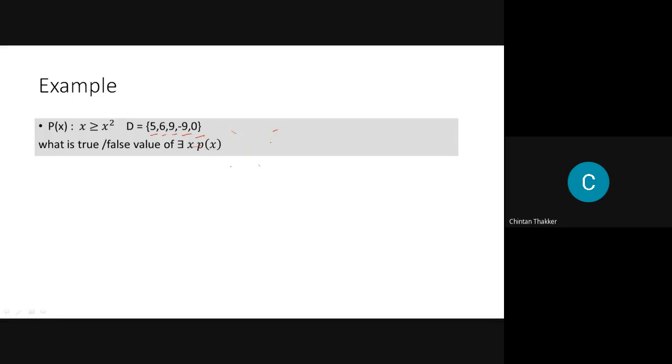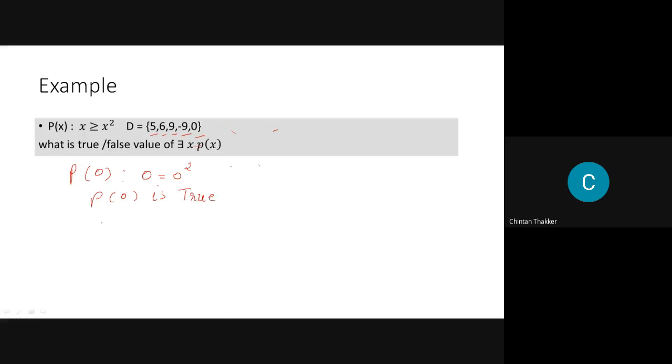So we cannot say that 0 is less than 0. This 0 is equal to 0. So here P(0), that is 0 equal to 0 square, is true.